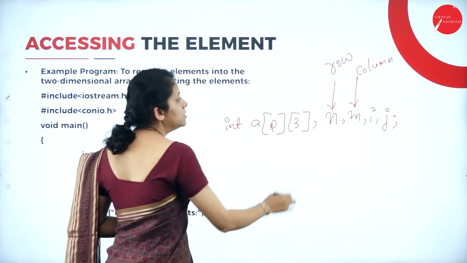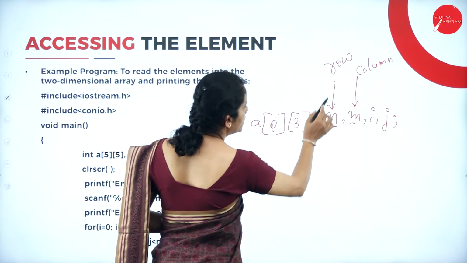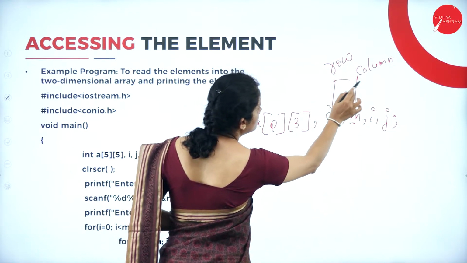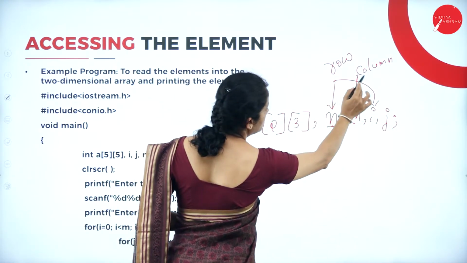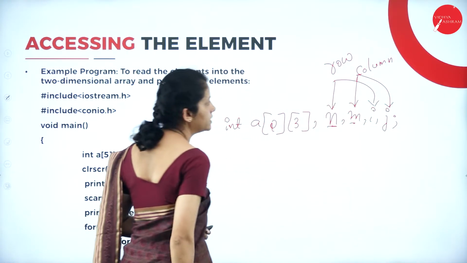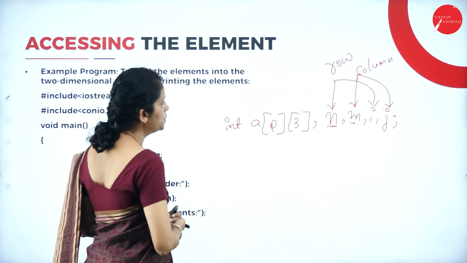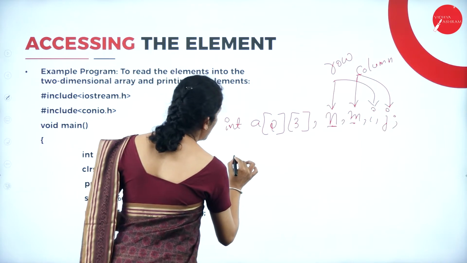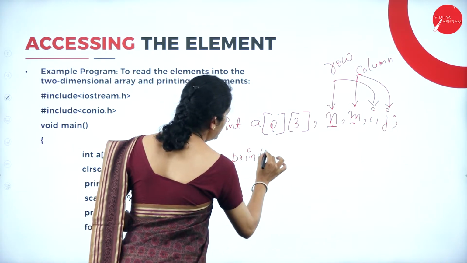So I'm going to specify the limit. Now, if I consider i, it is my row index, and if I consider j, j is nothing but my column index.